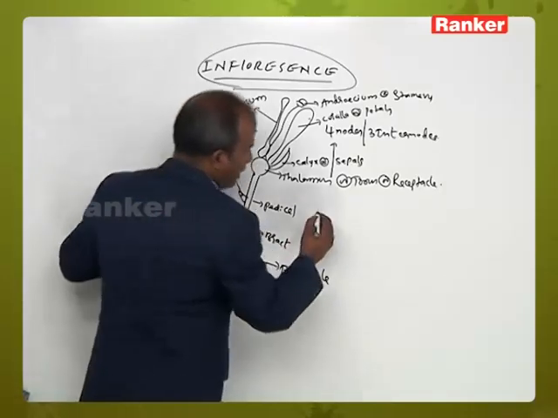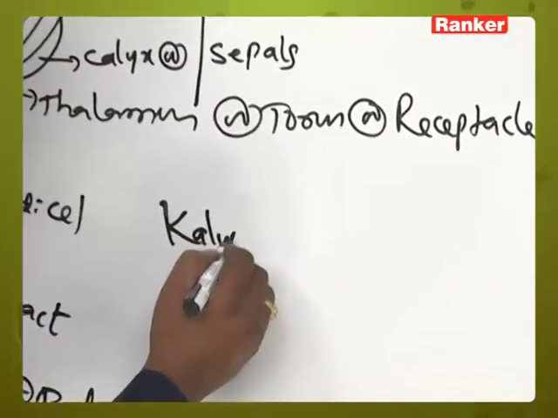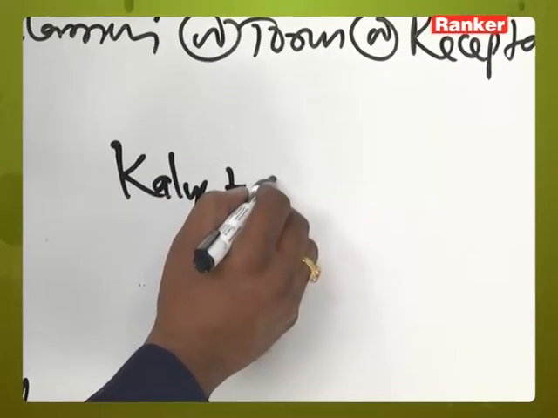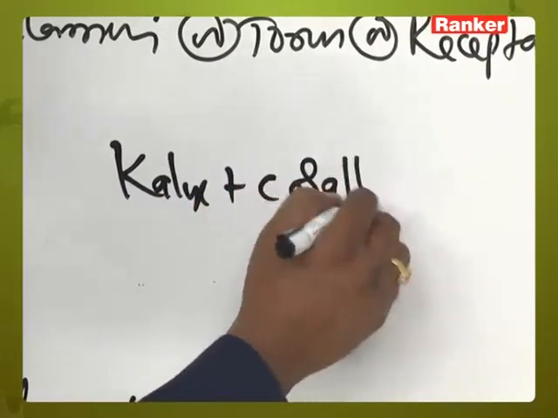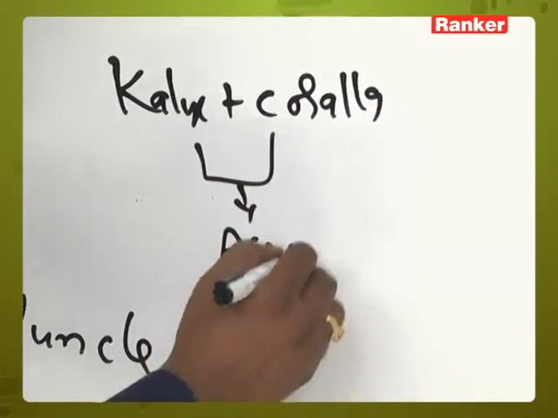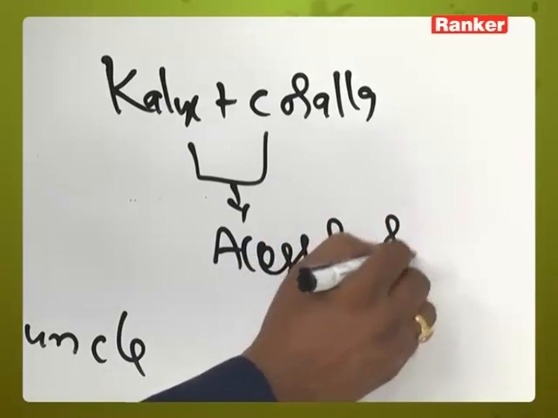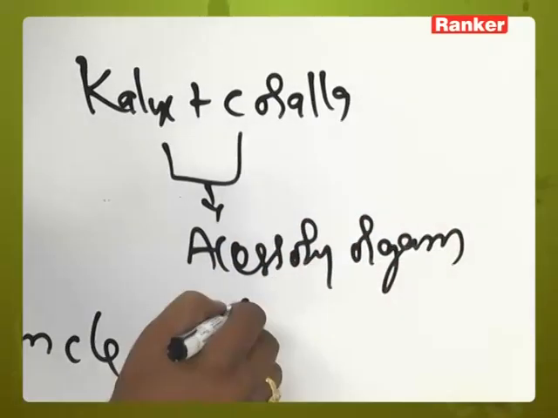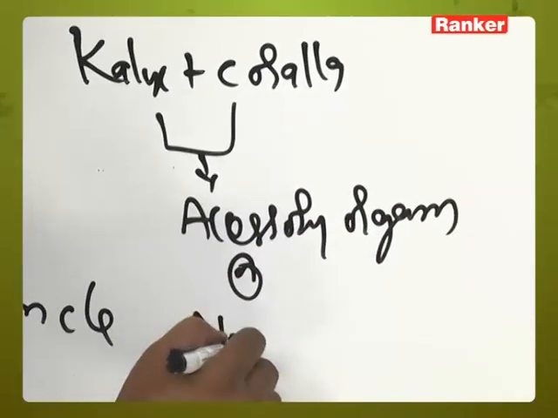In this, calyx and corolla are called accessory organs, or non-essential sex organs.